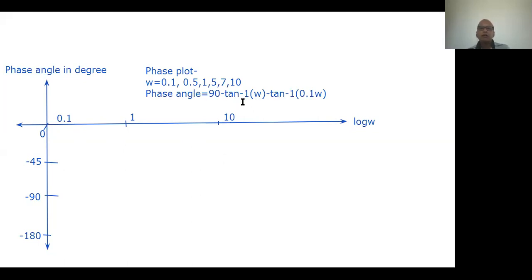Then 1.5, 1, 5, 7, 10. And then if you draw a smooth curve, you will get the smooth curve. If you observe here, already derived from this 30 degrees towards this 100. That is, if you draw here the phase angle, then you get actually this is not a straight line.